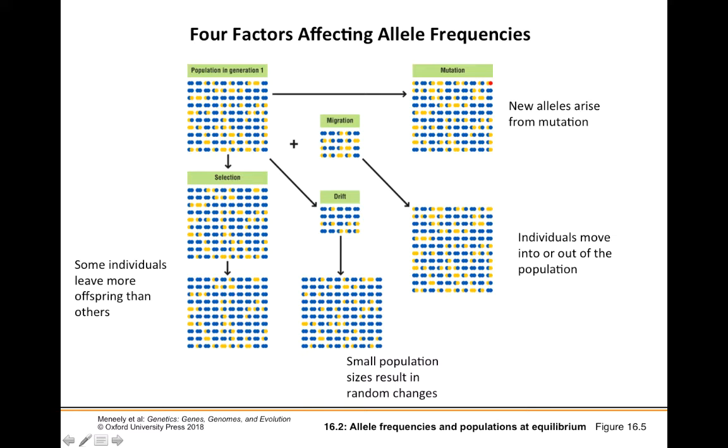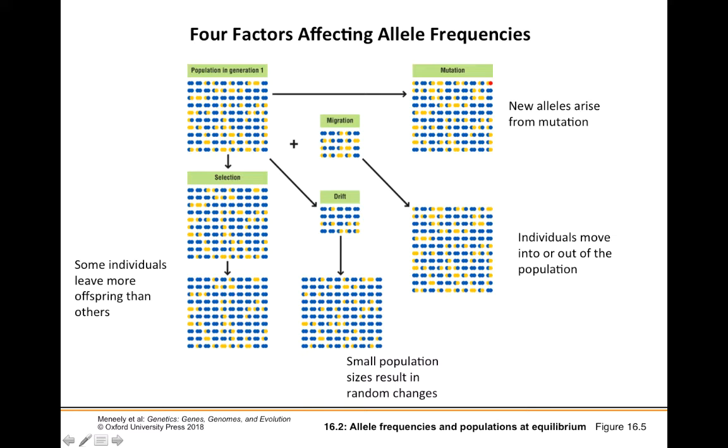If a population goes through a genetic bottleneck, a population size bottleneck, where you go from a lot of individuals to relatively few individuals, and then that population gives rise to another generation that is larger, that larger population can bear the mark of any random changes in the downsizing of that population from generation 1 to generation 2, such that then you have different allele frequencies here that then get perpetuated in the next generation.